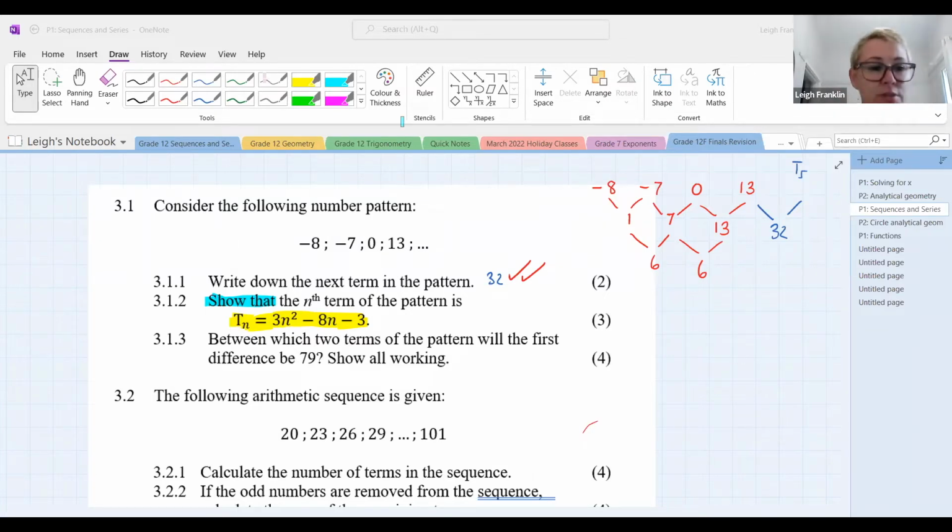So our first step in question 3.1.2 is to do what then, Matrix? We have to pretend like we do not know that that is the answer. What is the first step when it comes to quadratic patterns?